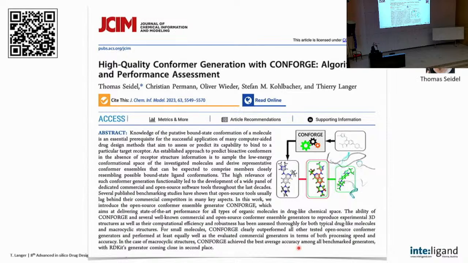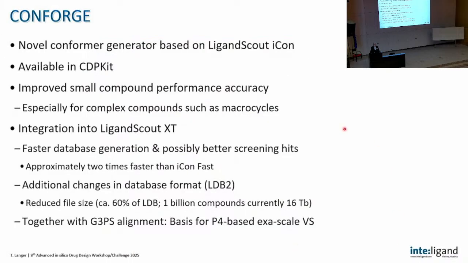You can download it. It's part of the CDPKit, and he can show that it's absolutely comparable with the best commercial products, like OpenEye, and it is free actually. It's based on our previous Icon conformer generator.